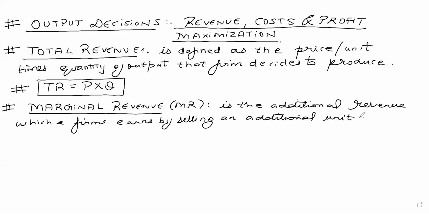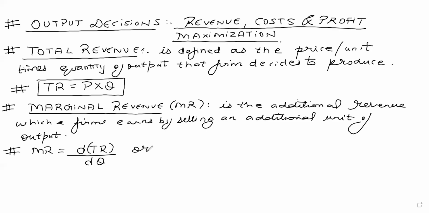Okay, so it is the additional revenue earned by the firm from selling an additional unit of output. Mathematically, marginal revenue is nothing but derivative of the total revenue with respect to quantity. Or I can write, if you want to look at the exact definition, guys, in limit form like this. Limit as change in Q tends to 0, change in TR upon change in Q.